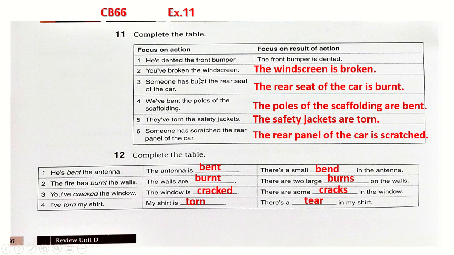Here we focus on the action, but here we focus on the result of action. بنركز على نتيجة الحدث. نتيجة الحدث ايه؟ ان الويند سكرين مكسورة، ان الرير سيت اصبح محروق معوج، السكافولدينج او البولز، الجاكيتس بقت ممزقة. دي النتيجة الشيء او الفعل اللي حدث. هنا استخدمنا نفس الشيء واضفنا ان ازاي استخدم الناون burned انحناء، burns حروق، cracks تشققات، tear قطع.